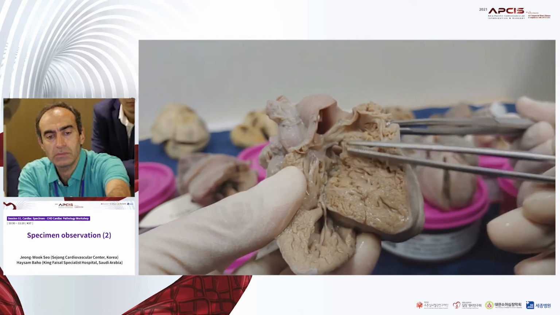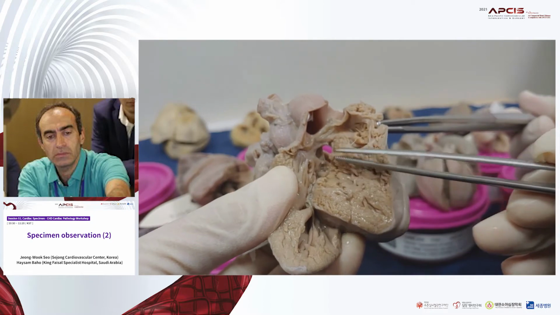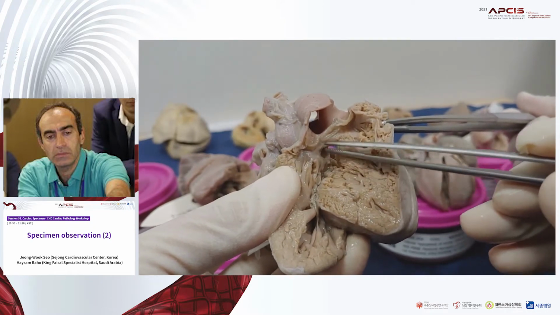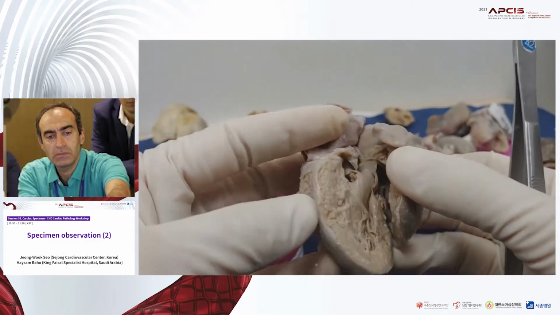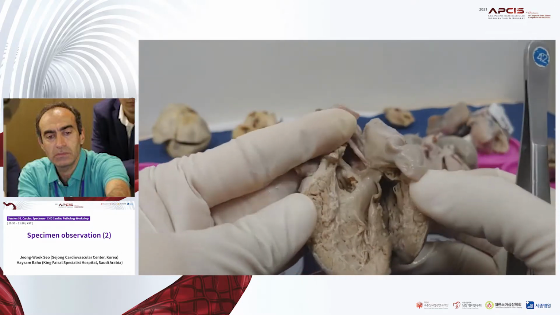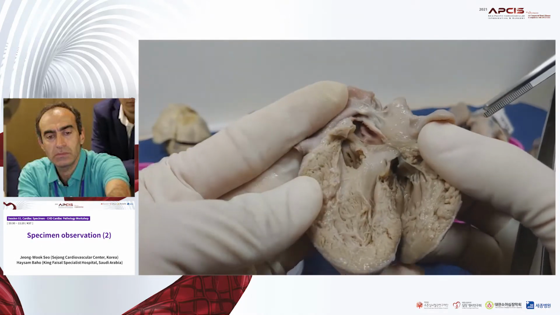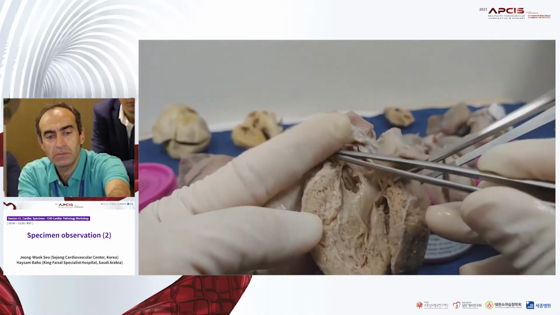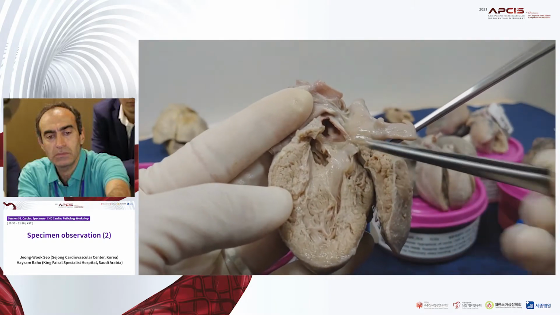And it is separated from the usual location of the perimembranous defect here by this muscle ridge or muscle band. If we look at it from the left side, we can also see that it is different in location from the perimembranous defect, in that this defect is committed to both the pulmonary artery and the aorta in terms of flow.